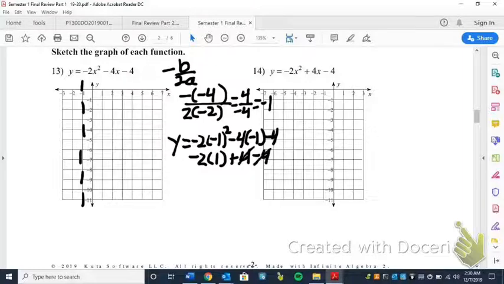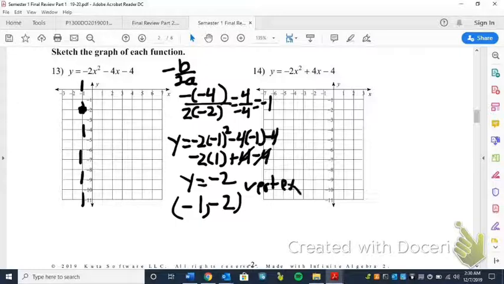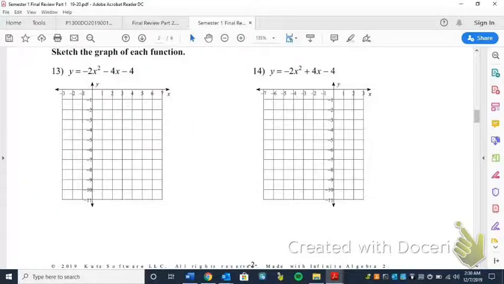The 4's cancel out, and I get y equals negative 2. That gives me my vertex at negative 1, negative 2. Graph that. I then graph 0, c, which in this case would be 0, negative 4. Flip it over my axis of symmetry. Connect the dots.